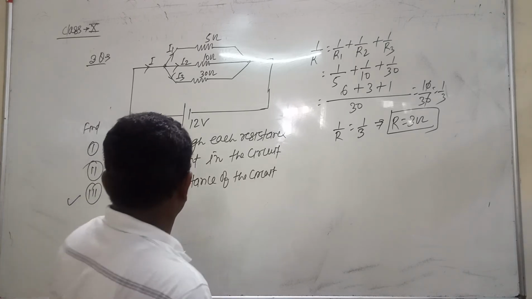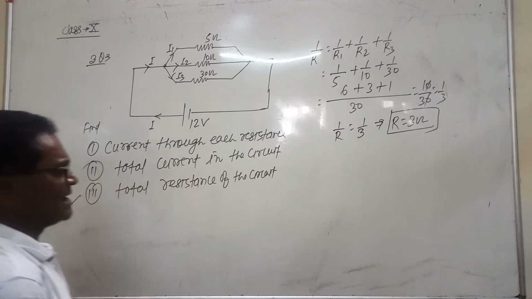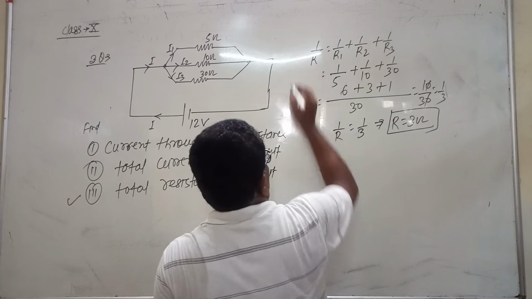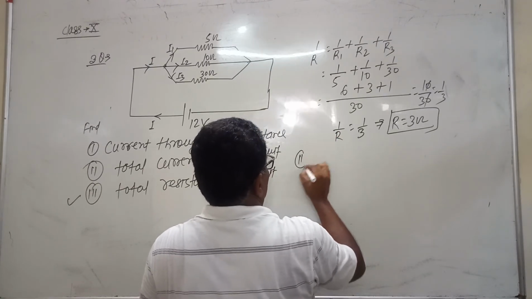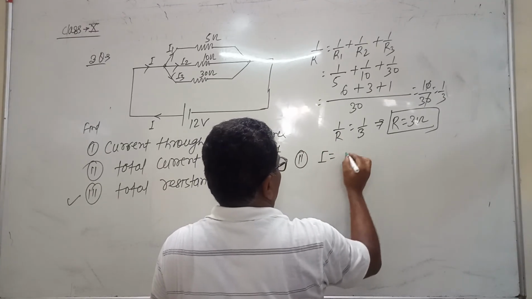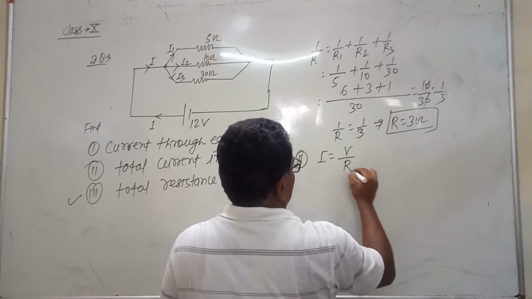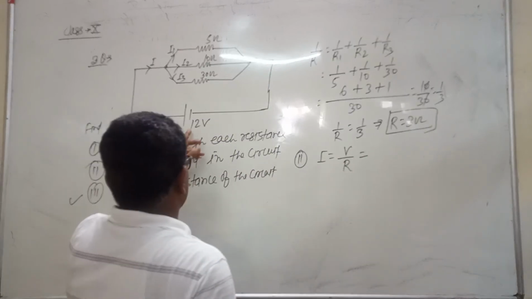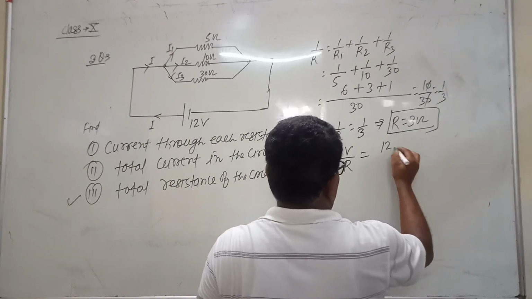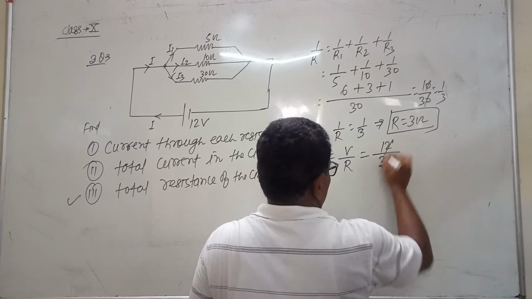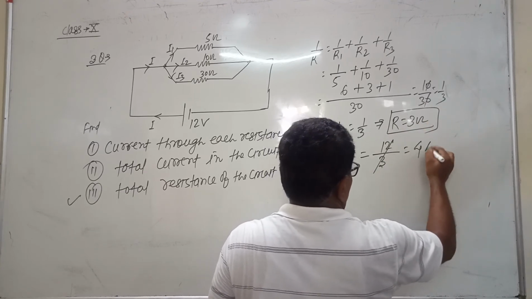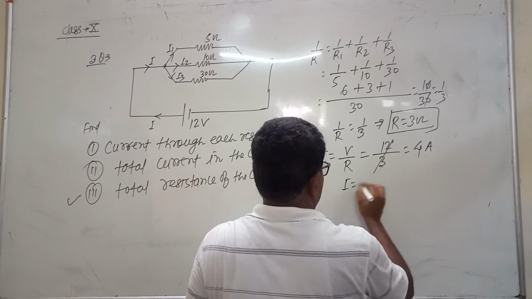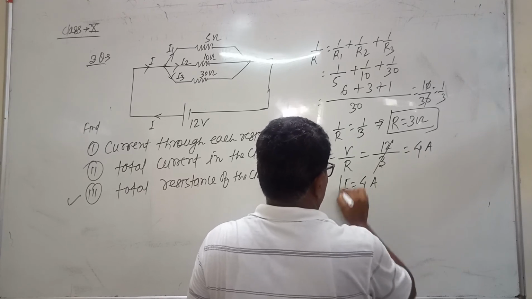Now we have to find the total current in the circuit. For finding the total current, we use the formula I equals V by R. Potential difference is 12 volt and total resistance is 3 ohm. So the current will be 4 ampere. I equals 4 ampere.